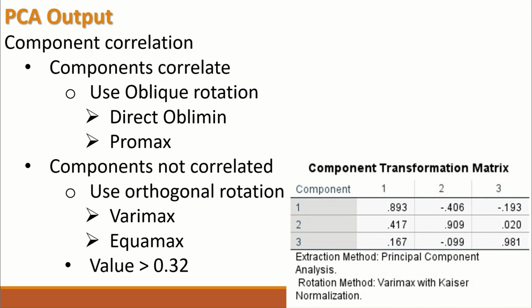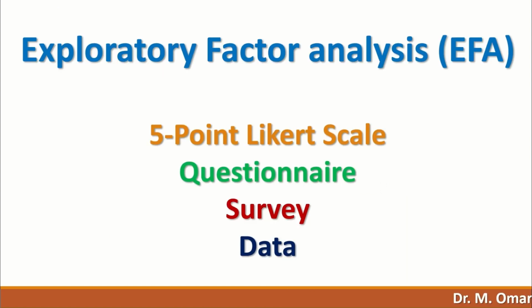And how do we determine the cutoff point for correlation or no correlation? A value of correlation between two components of greater than 0.32 indicates correlation between the components. Exploratory factor analysis, abbreviated as EFA, is for analysis of data that is taken from a questionnaire or a survey.